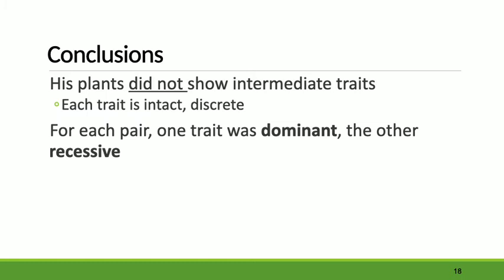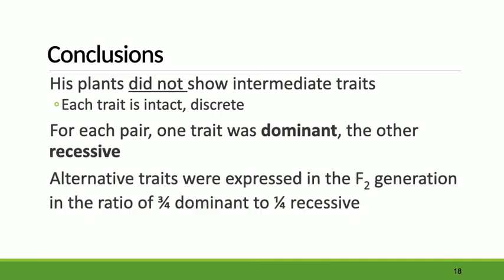But I hope the reason is that we're trying not to use the super scientific terms yet, but we will come to them in just a few slides. So in the case of the flowers for the pea plants, purple is dominant over white. Alternative traits were expressed in the F2 generation in the ratio of 3/4 dominant to 1/4 recessive. So this is 3 to 1, or 75% to 25%.